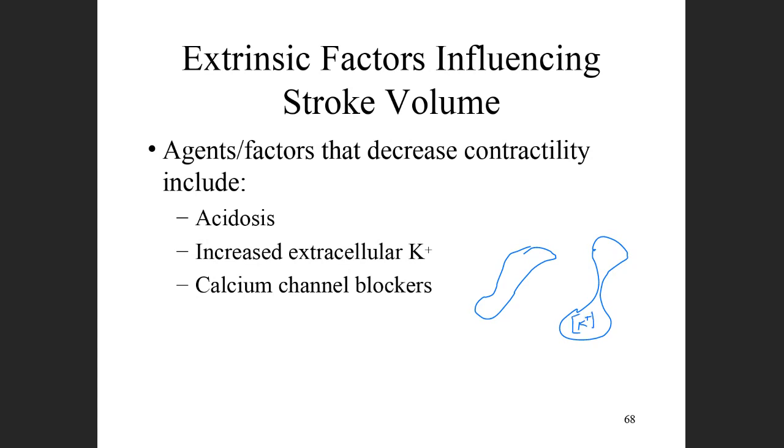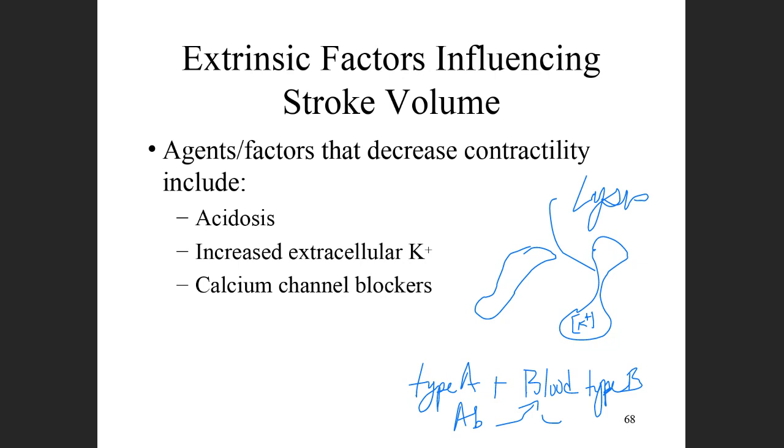And so I might give you a clue: in a mismatch reaction, let's say your blood type is A, and they give you blood type B, right? You have antibody here that can react to this, and it leads to hemolysis, and all that potassium inside will spew out, right? And so you can have hyperkalemia.